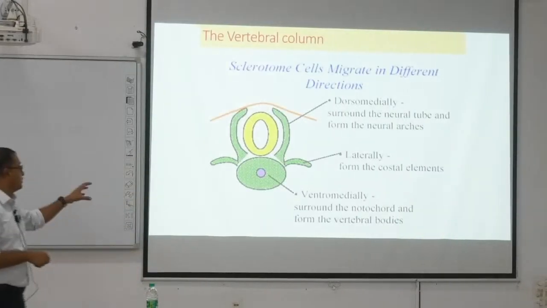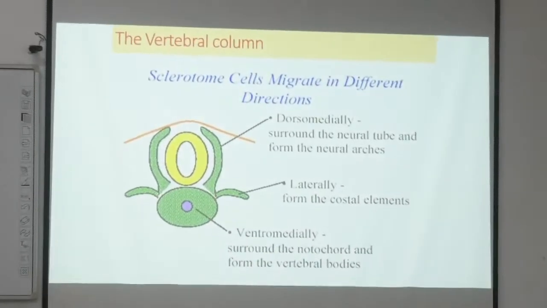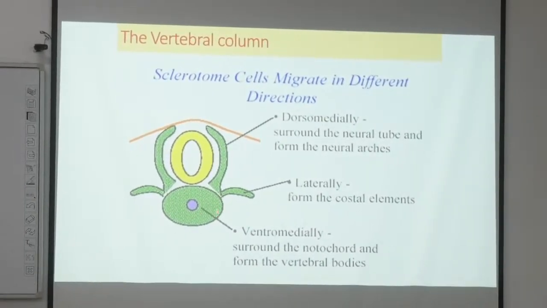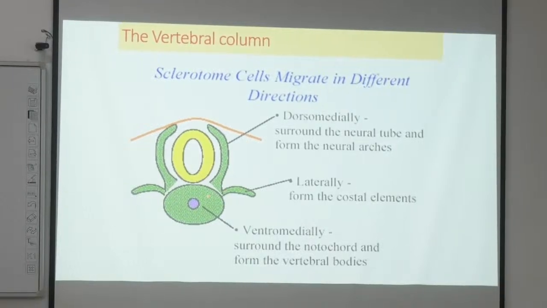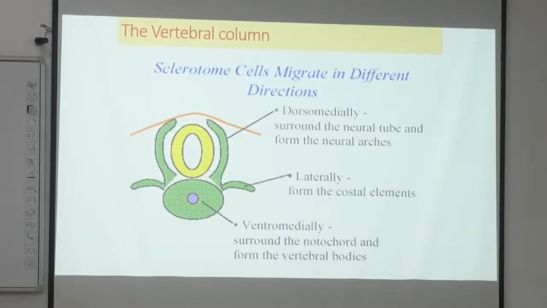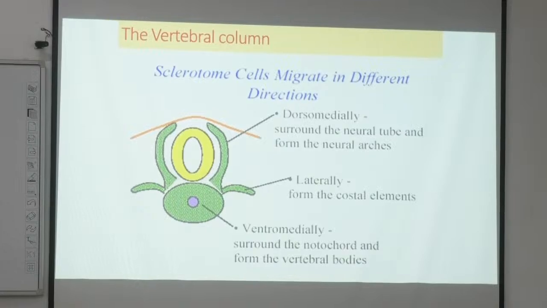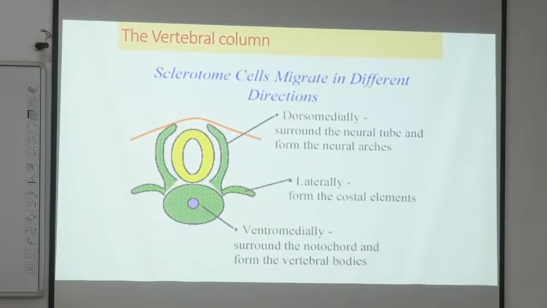Now this vertebra, as you are seeing here, the body of the vertebra, the processes coming on the lateral and dorsal side forming the neural arches and transverse processes, and the costal element, which comes in the form of the rib, come from this sclerotome tissue.